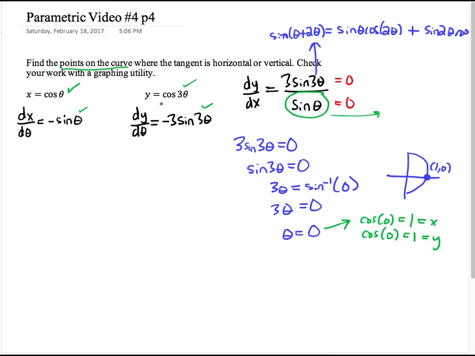So I think we're good here, but this guy, are we good on? I think the answer is no, because dx d theta, if you put theta equals 0 in there, you go think about it over here again, right? That's negative sine of 0 degrees, which is going to turn out to be 0. So you're going to get a 0 on the bottom here.